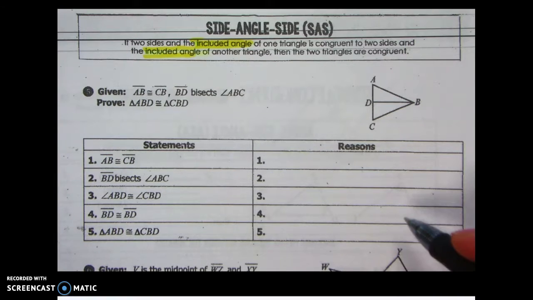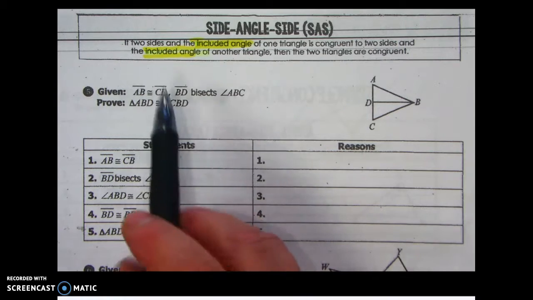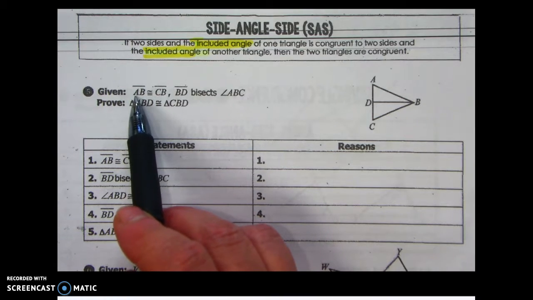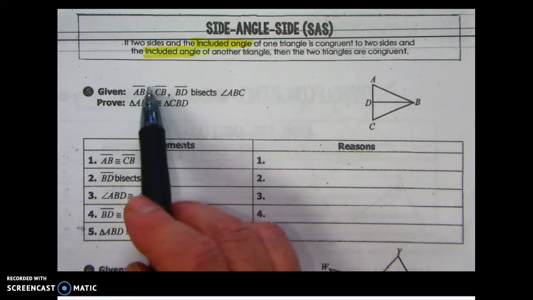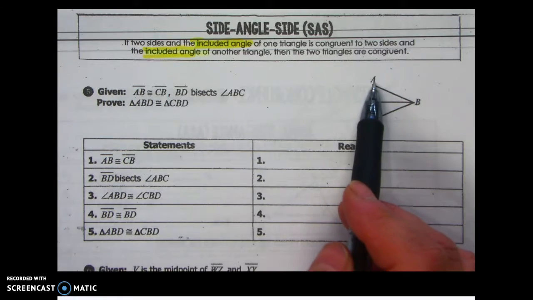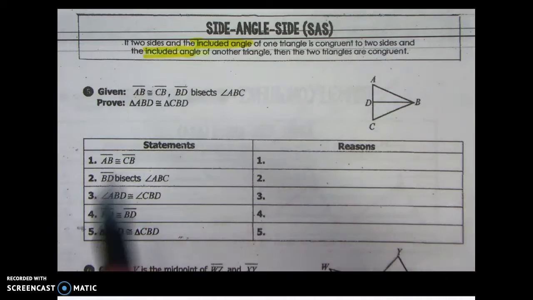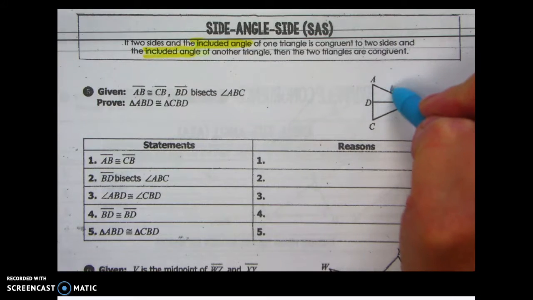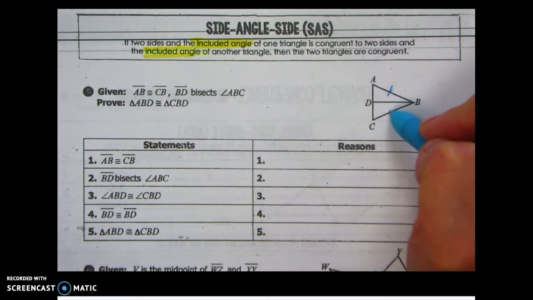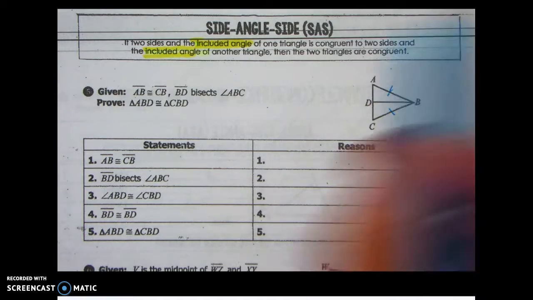All the other parts will be congruent also. Okay, so first thing, side, two letters with a line over it. That means the side. Side AB is congruent to side CB. So let's mark that. AB congruent to CB.